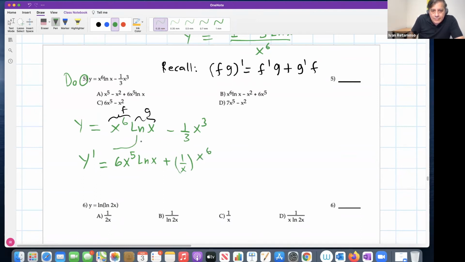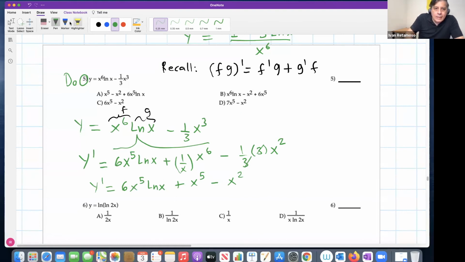Minus the derivative of this guy, 1/3 constant, and 3 times x squared. Then we were saying that this is 6x to the 5th power natural log of x plus x to the 6th divided by x to the 5th power minus x to the 2nd power.